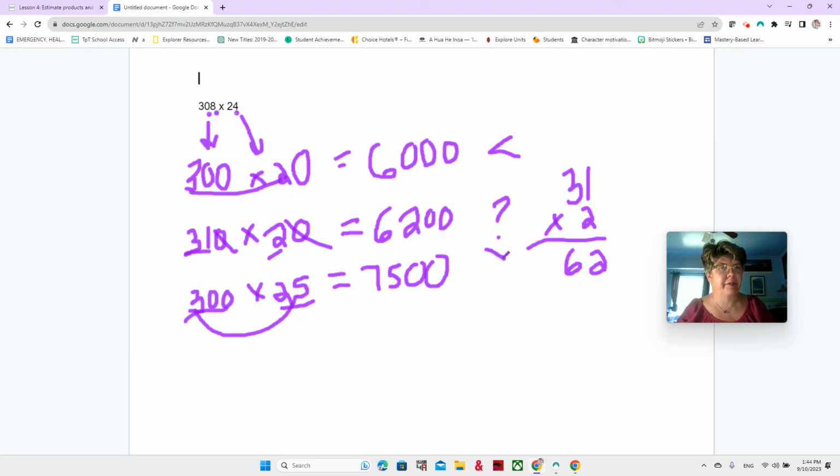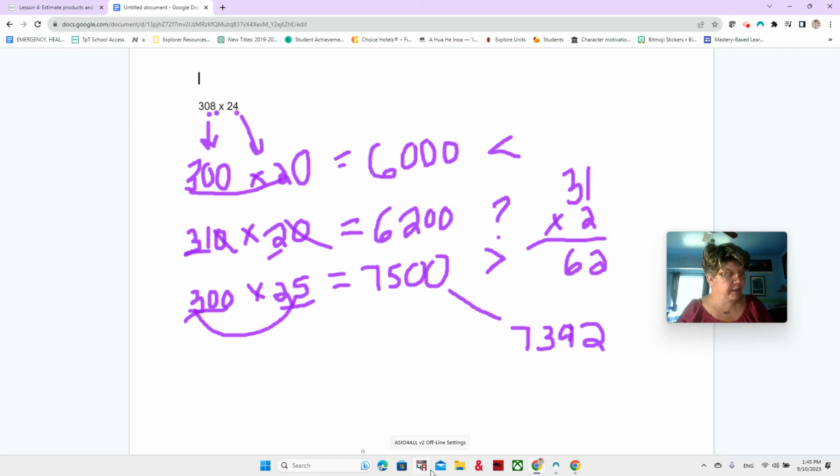So that one might be greater than, it's bigger than our other two, right? Okay, and the actual answer is 7,392. All right. So this one is actually the closest, but they're all very close, right?